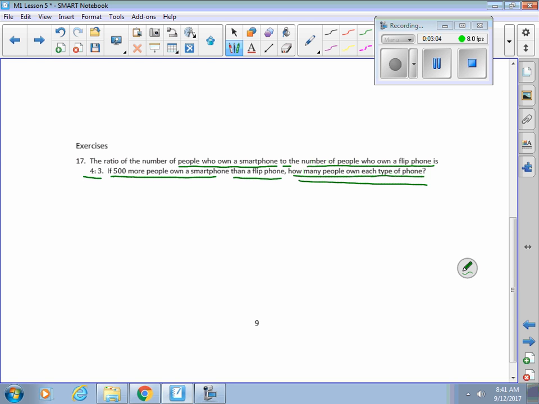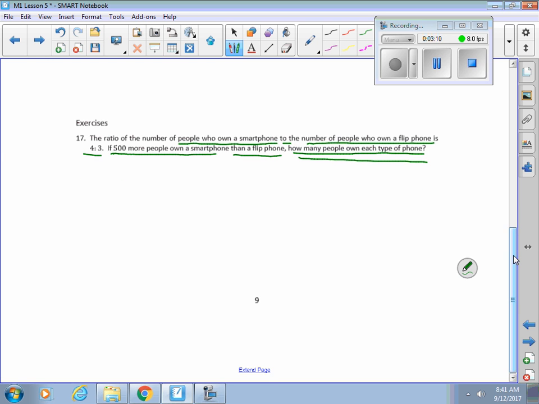All right, we're going to draw another tape diagram. We practiced this yesterday. What we're going to do is start by labeling each of the bars that we're going to draw. So we have smartphones and flip phones, right? So how many units do I need to draw for a smartphone? Bryson? 4, nice job. So we're going to draw a bar maybe that big.